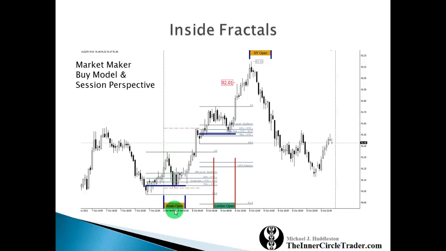block. Here is the Asian Open, which is going to be one of the hot spots, if you will, for this particular pair, because both the Aussie and the Japanese yen are very active during the Asian session.